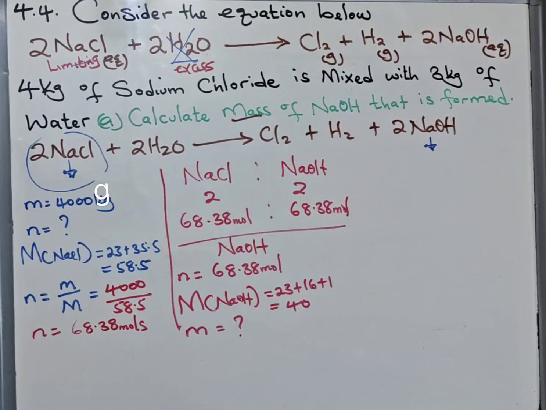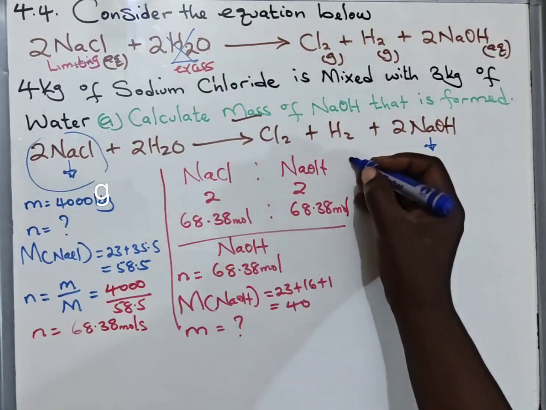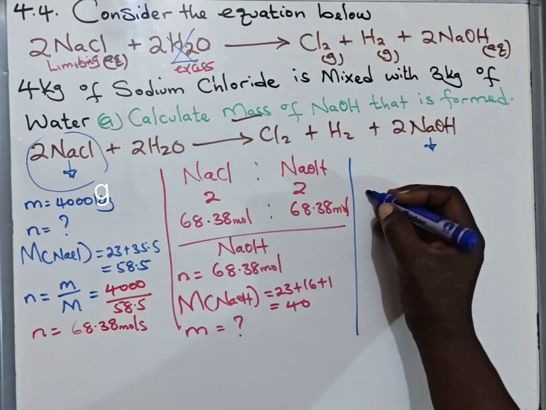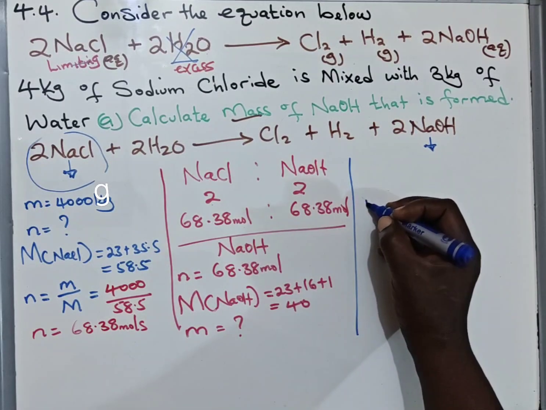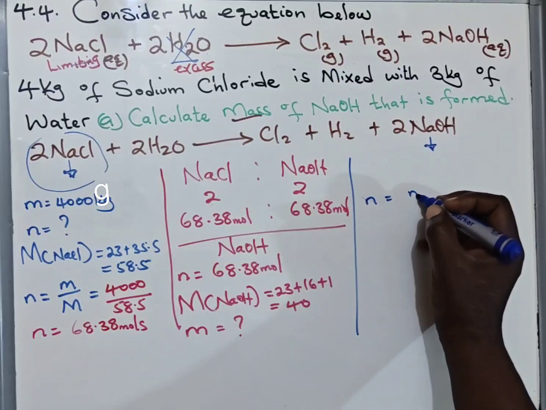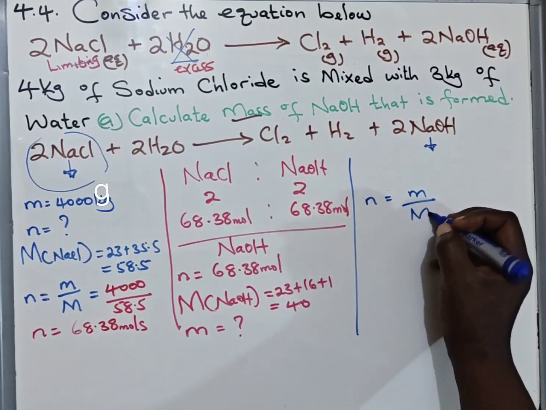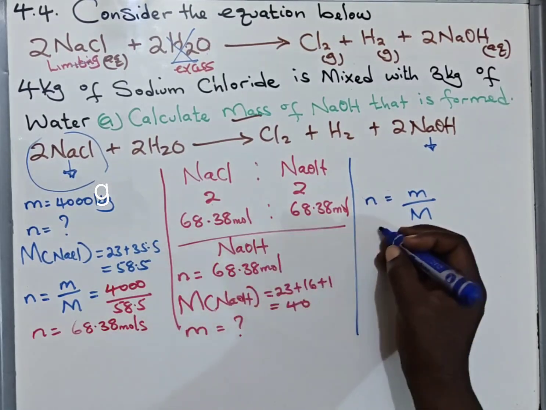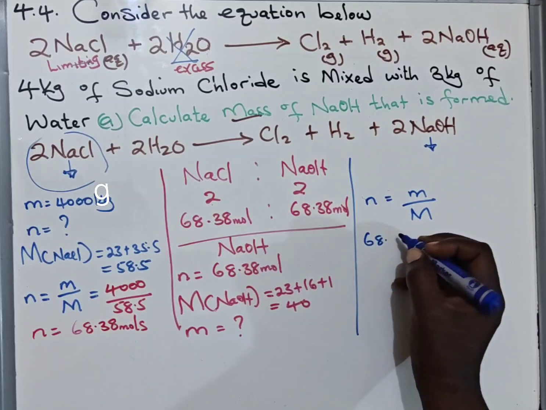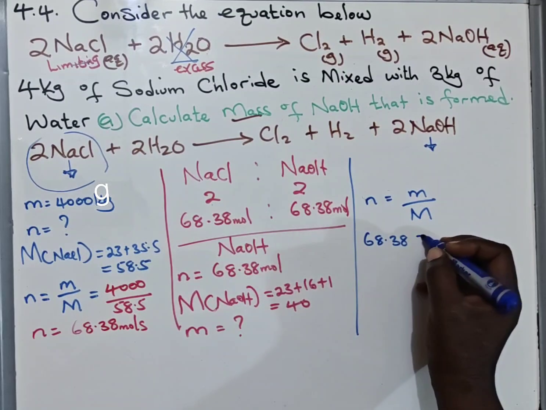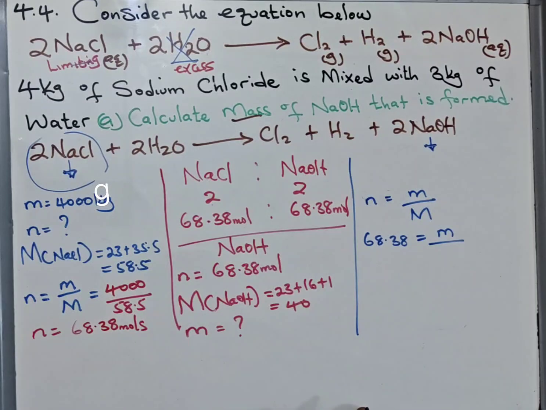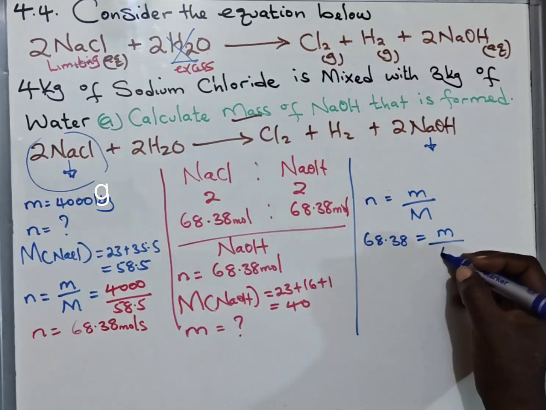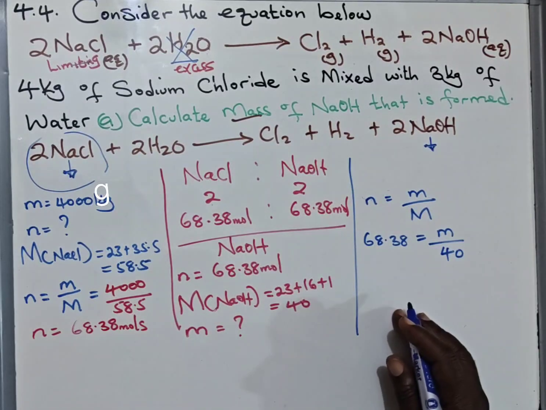How do we get the mass from this equation? The equation is n is equal to mass over molar mass. For the n, we know it is 68.38. And the mass, we are looking for it. But we know its molar mass, which is 40. What do we do here?